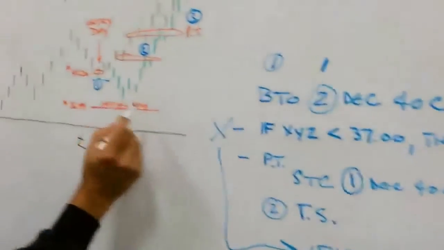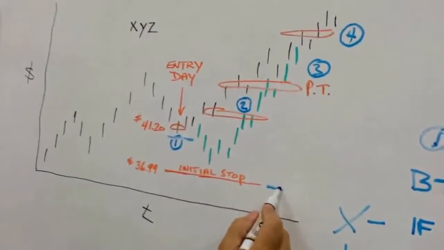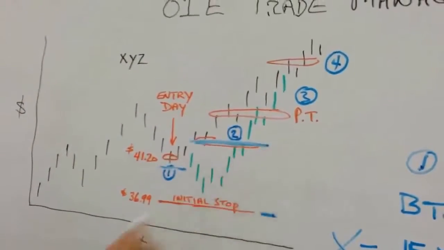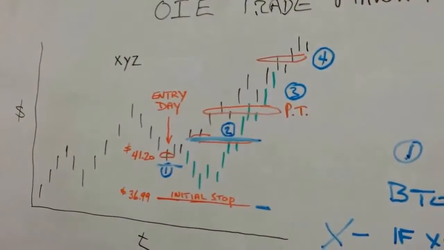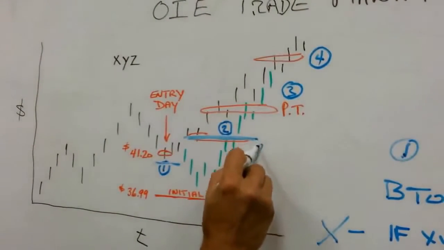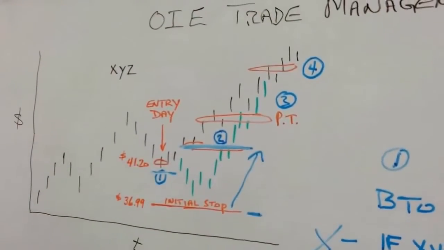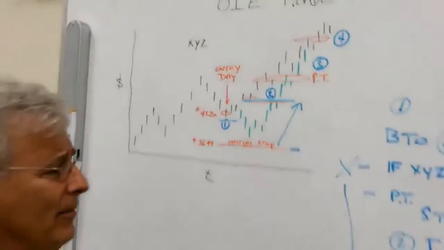Now notice what I've done. I've moved the initial stop from here all the way up to here rather quickly, locking in, first reducing and eliminating risk and then locking in profit. Okay, now I haven't even hit the profit targets yet.